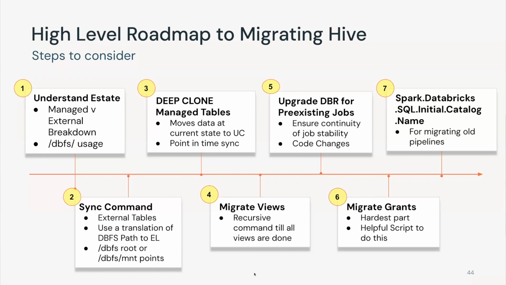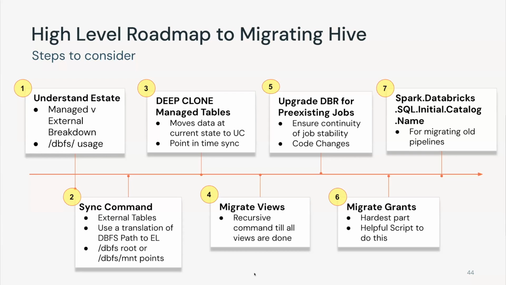Then we're going to migrate the grants that exist on the Hive Metastore to permissions that exist on Unity. This is the hardest part if you were to try to do this from scratch, but there's an extremely helpful script that will do this.